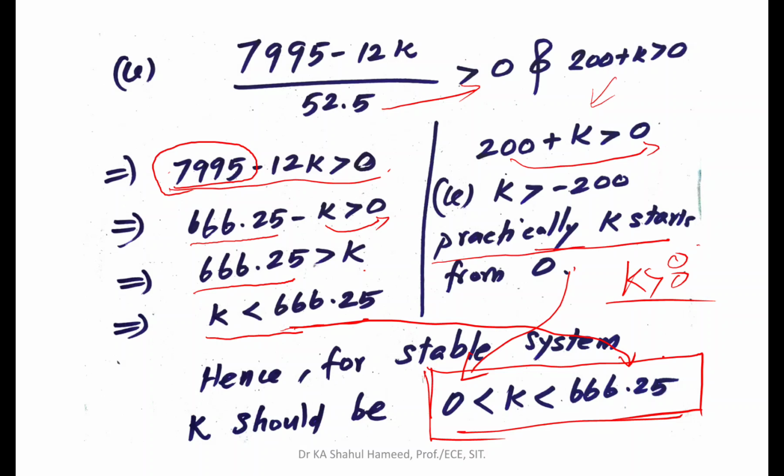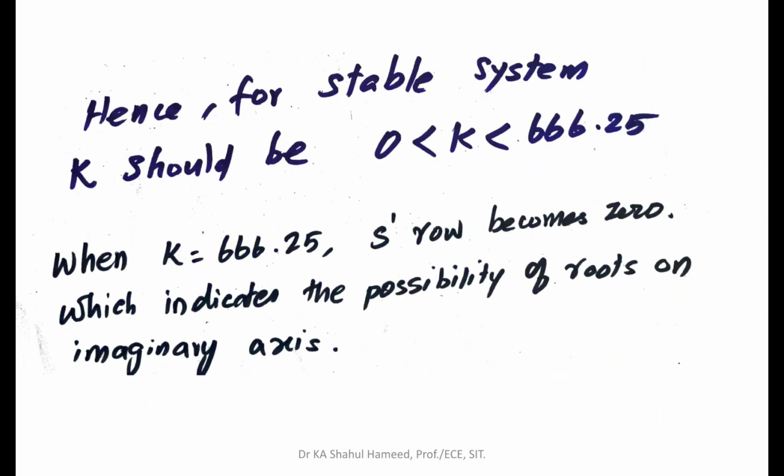And also we have to find the roots. Already we told that this is the range, and we have a possibility that when k is equal to 666.25, this is a special condition.